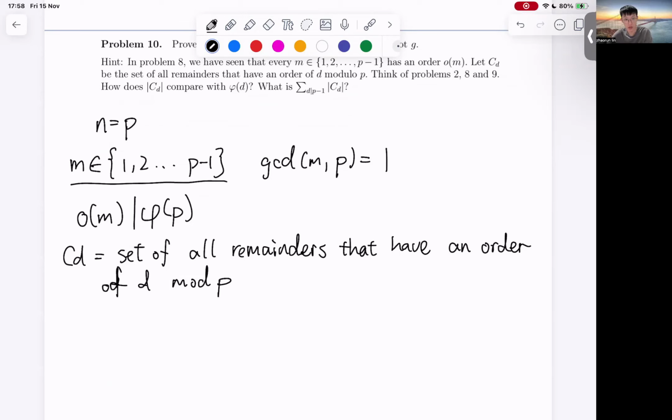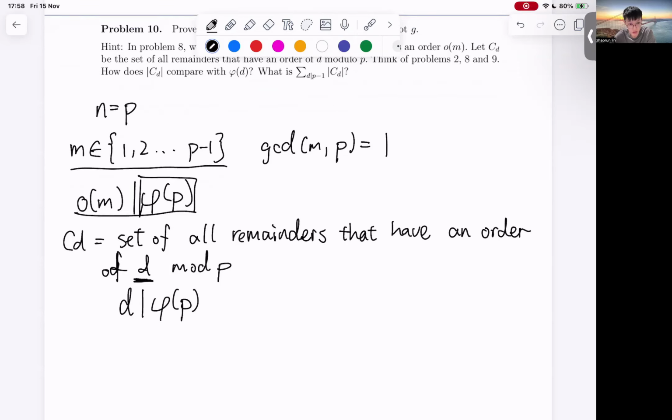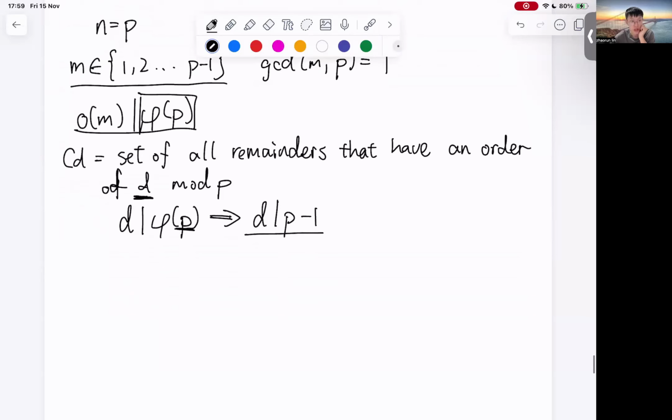And from problem 8, we know that each such order d should divide the Euler totient value of p, and since p is a prime number, we have this relation.